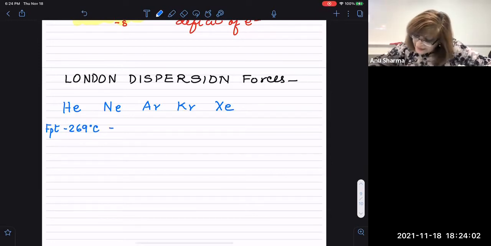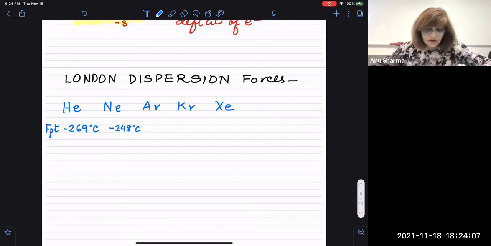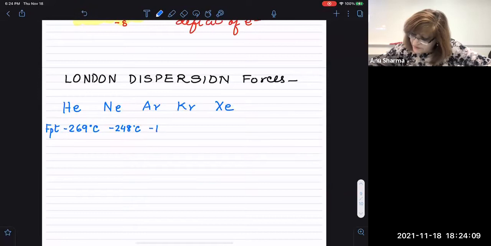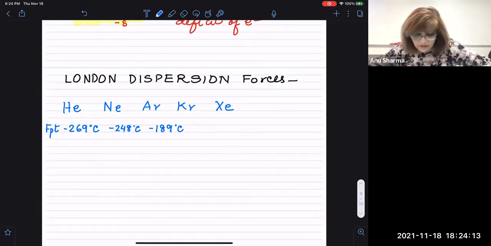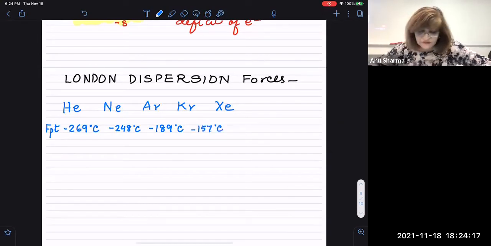Neon is negative 248 degrees Celsius. Argon is negative 189 degrees Celsius. Krypton is negative 157 degrees Celsius. And xenon is negative 111 degrees Celsius.